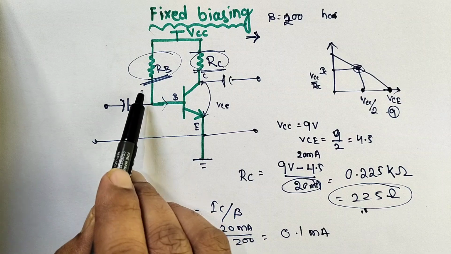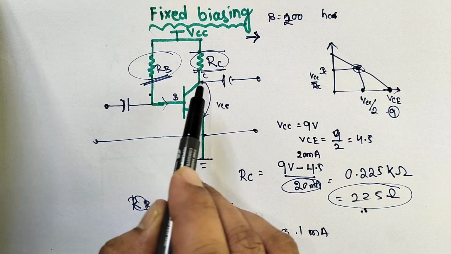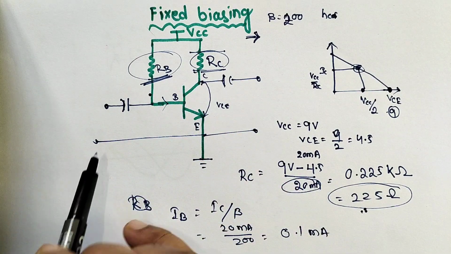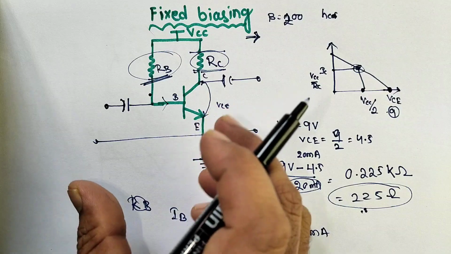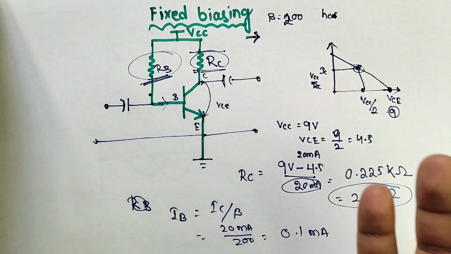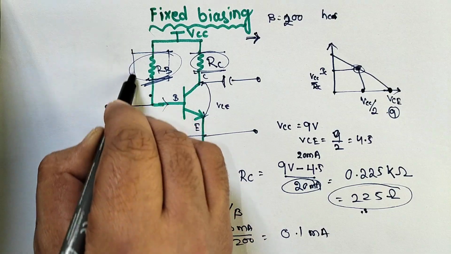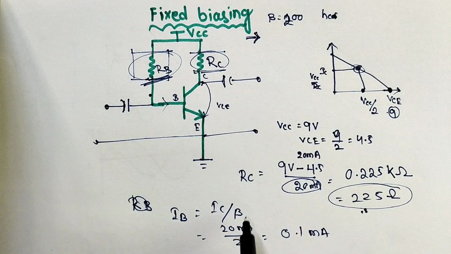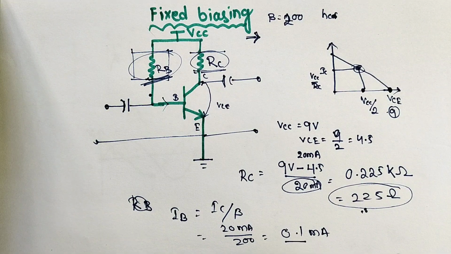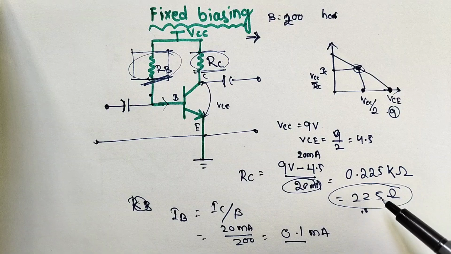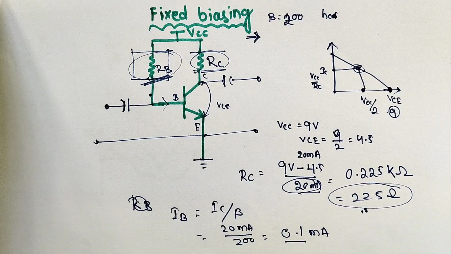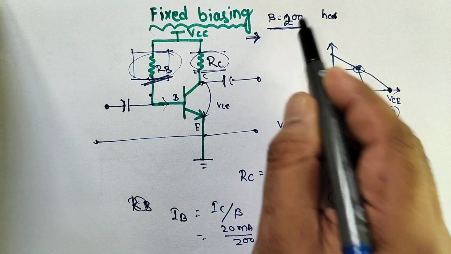When you give this 0.1 milliampere to the base, it will amplify up to 20 milliampere. So we need to set RB and RC so that it can amplify from 0.1 milliampere to 20 milliampere, if the gain beta is constant.